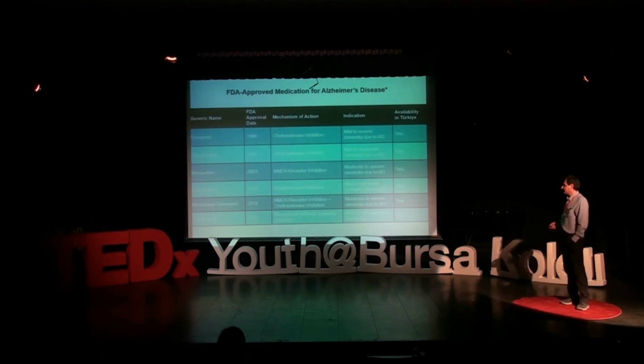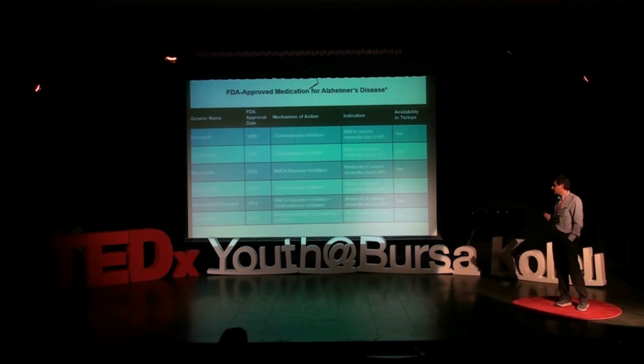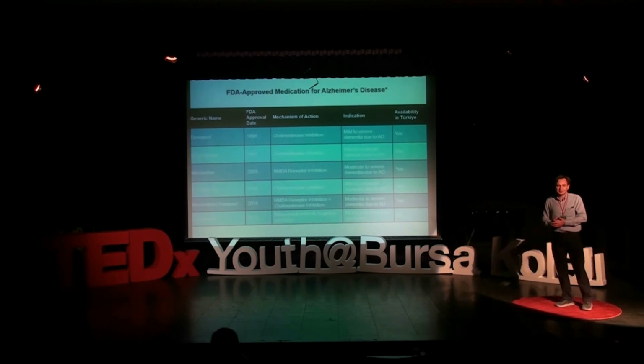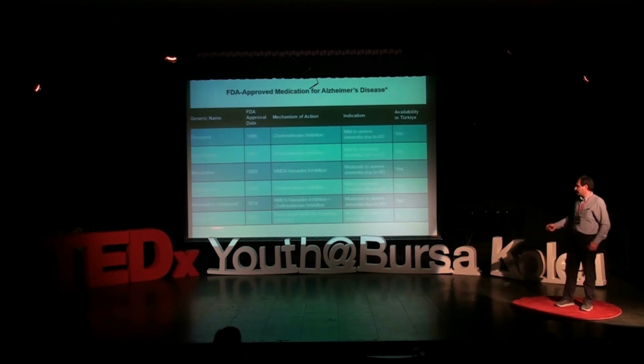And finally, lecanemab here, I don't know if you can see, finally in 2023, last year in July, it received full approval from the FDA. A monoclonal antibody that targets beta amyloid protein.